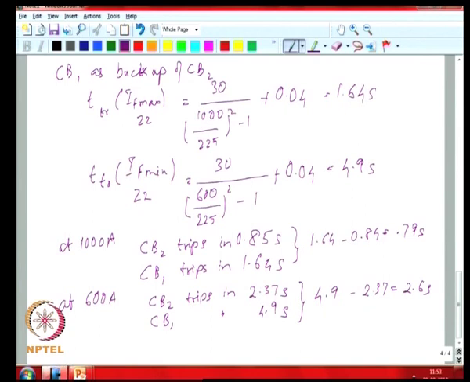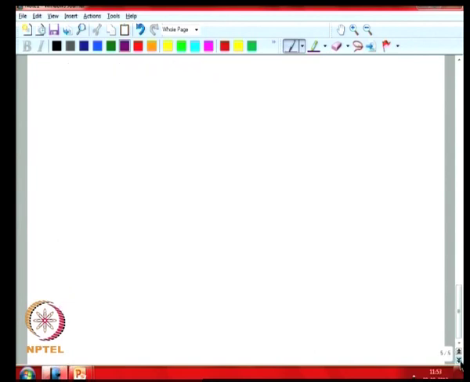Then you can calculate the I square t level corresponding to a fault in zone 2 and breaker 2 failing to operate.